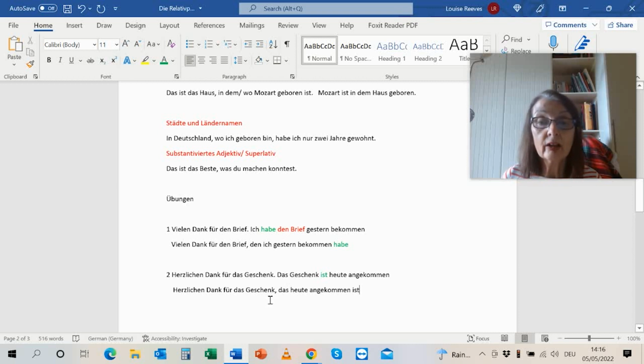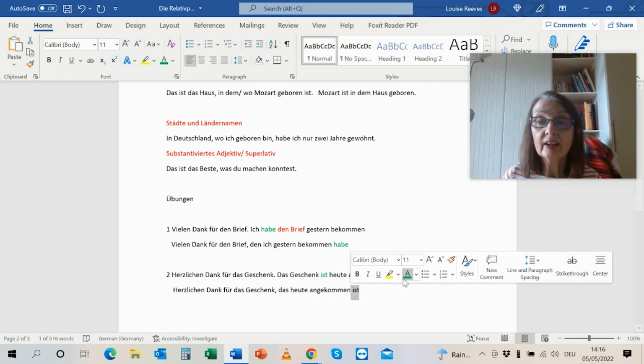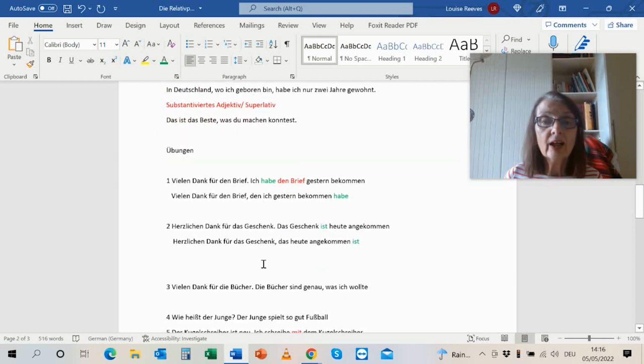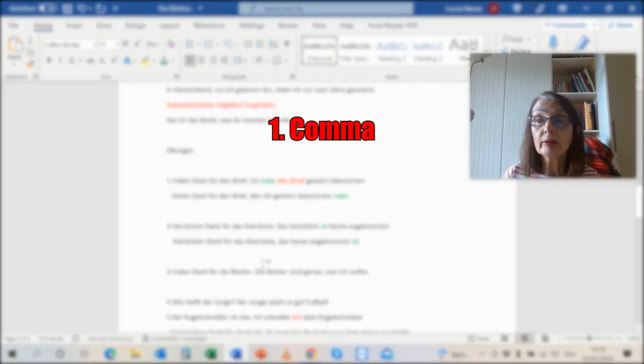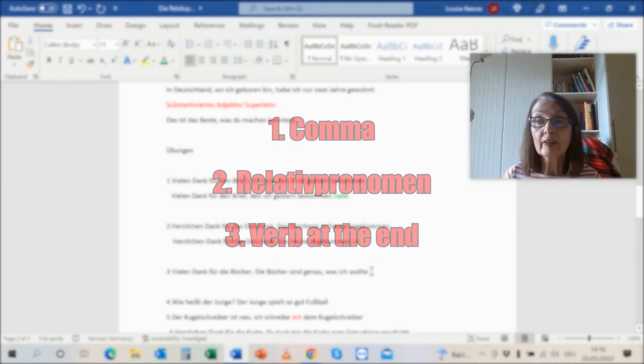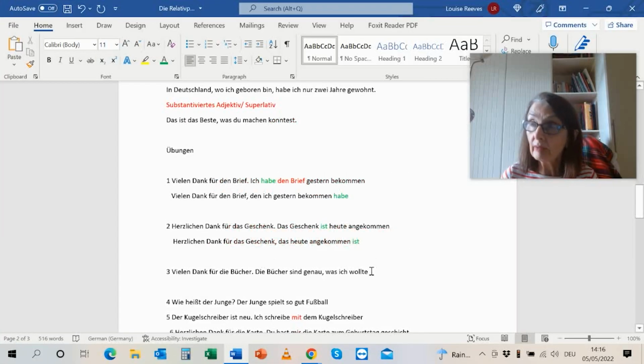And my das is there, my comma is there, and my verb is at the end. I just put that in green to give that a little bit of a highlight. So my comma, my relative pronomen, and my verb at the end. I often say there's just 3 things that you remember in these relative clauses: your comma, relative pronomen, and then your verb at the end. So if you think of that, okay, have I done the 3? You know, that type of thing.